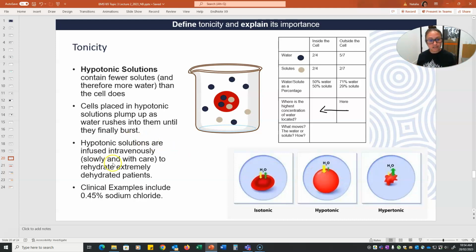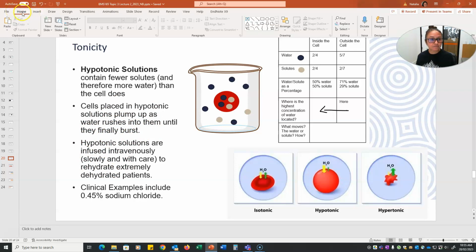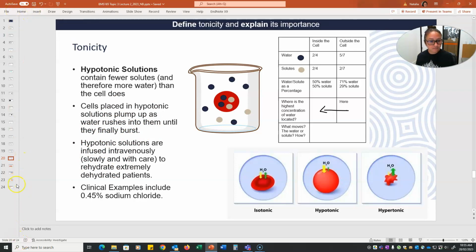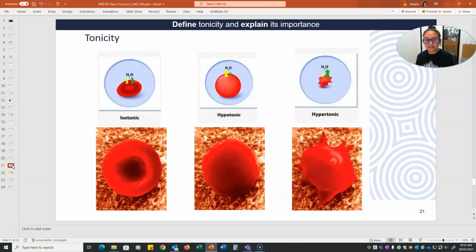Okay? So this is the solution that you will use. All right. You're going to have lots of practice dealing with isotonic, hypotonic and hypertonic in order for you to understand that crucial concept in your tutorial activities.